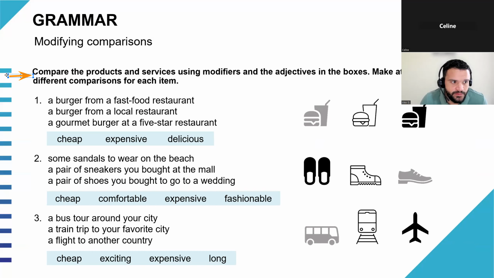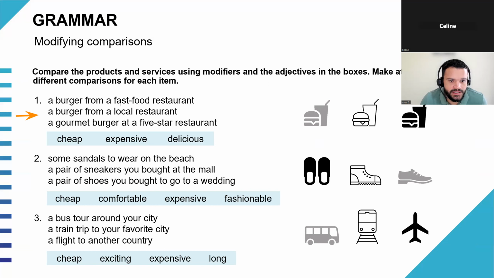So number 1 is a burger from a fast food restaurant, a burger from a local restaurant, and a gourmet burger at a 5-star restaurant.